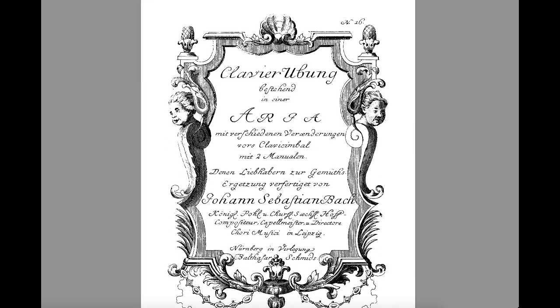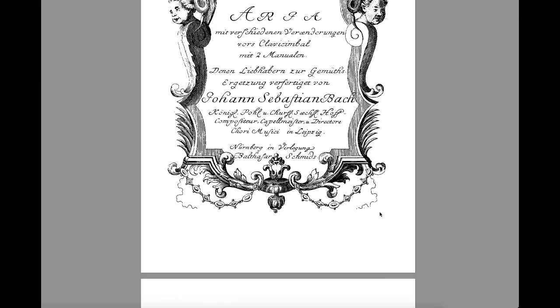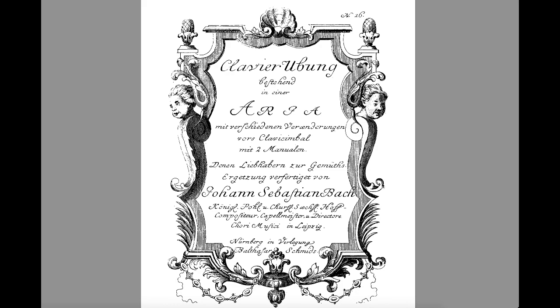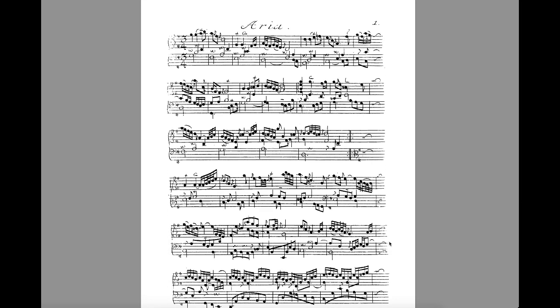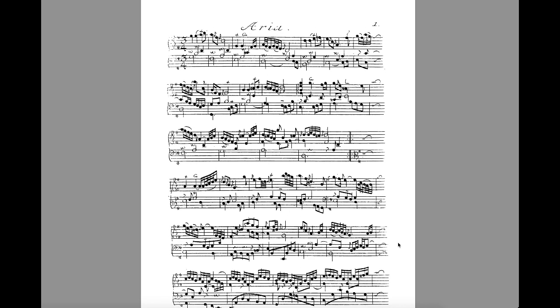Isn't this a beautiful cover page? You know, they did such great, beautiful artwork back then. I'm sure Bach probably didn't do this artwork here on the side. But, so we go here, we find the aria. This is the very famous aria, the theme of the Goldberg Variations.